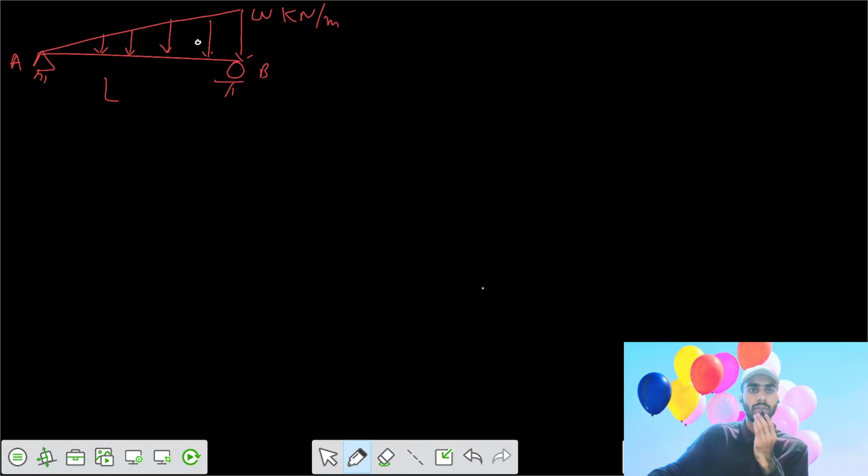Say the centroid of that triangular intensity is here. Summation Fy equals 0, so we can say A plus B equals the area of that triangle, WL by 2.